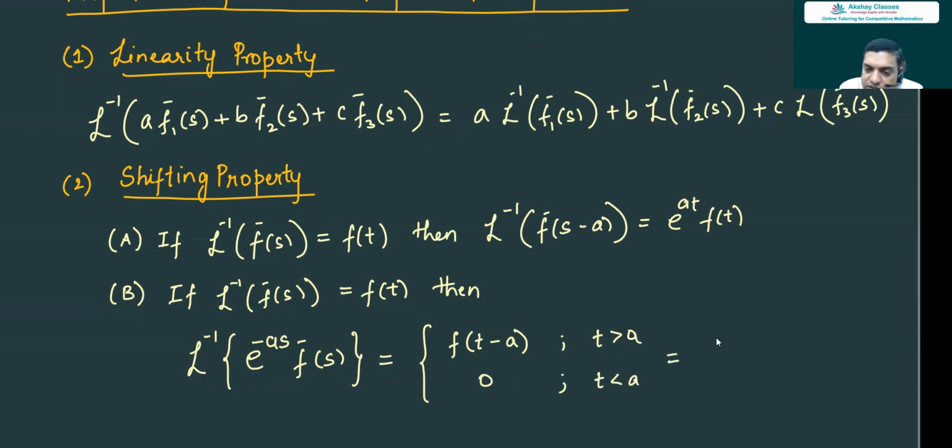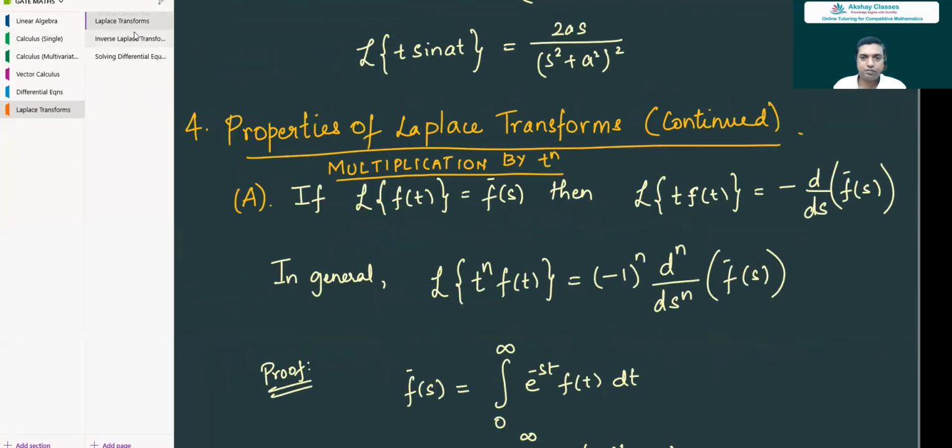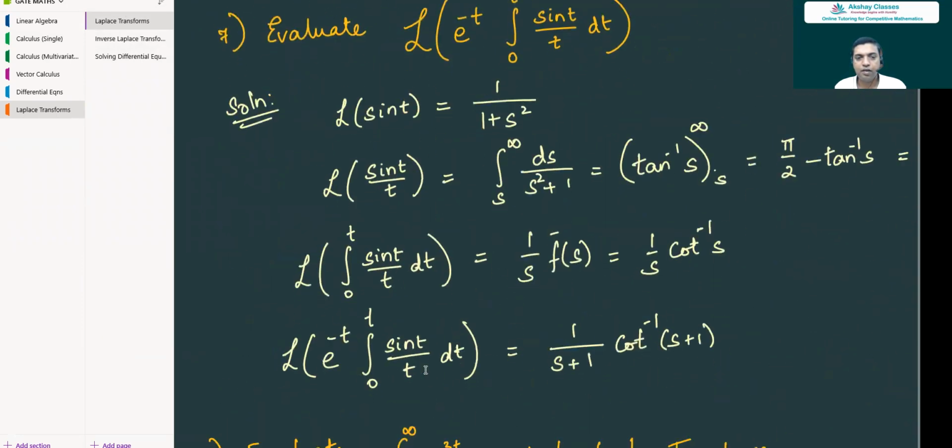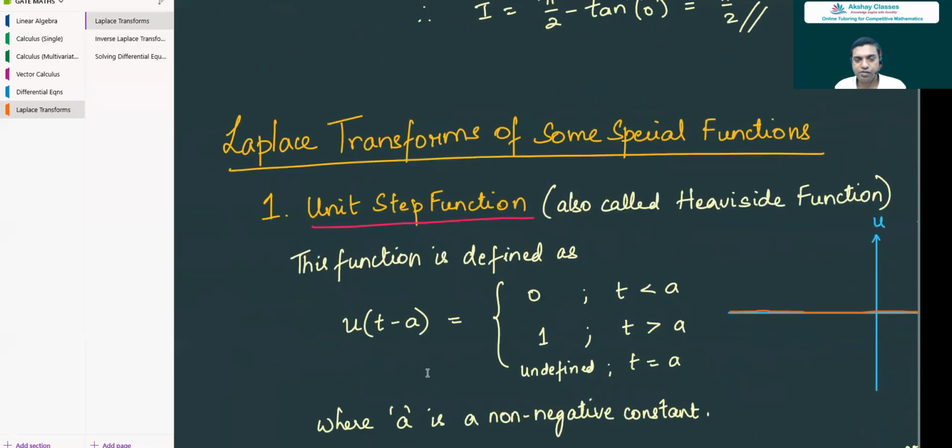This directly you can write as f of t minus a times the unit step function, which is also called the Heaviside function. So we have done that yesterday. Laplace transforms of special functions. So unit step function.